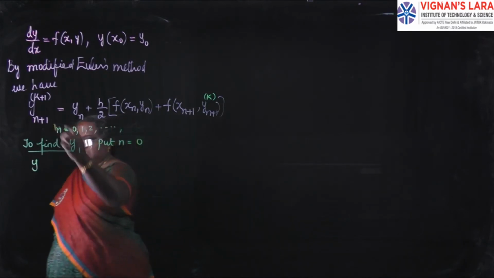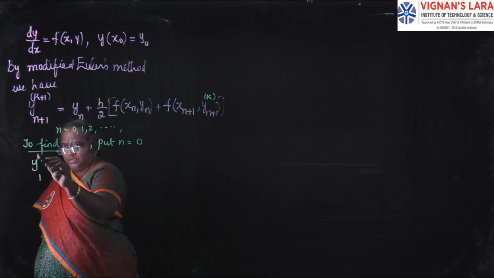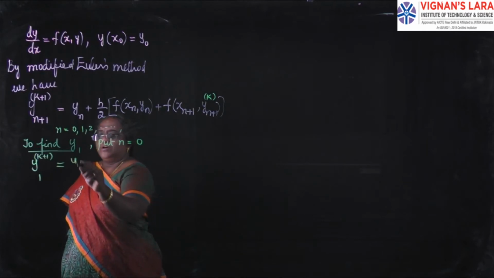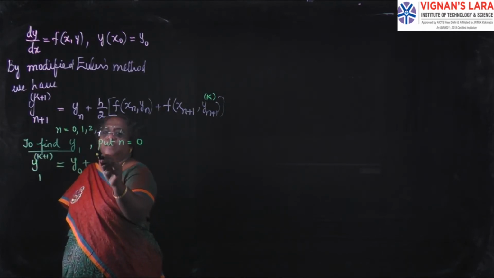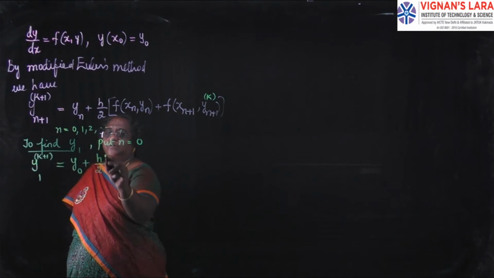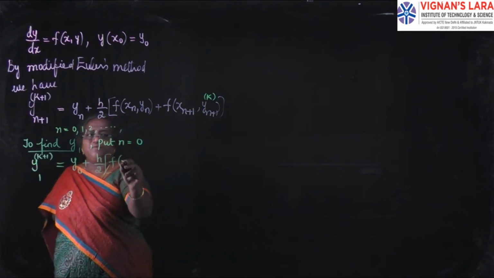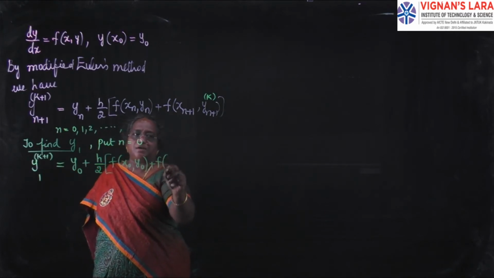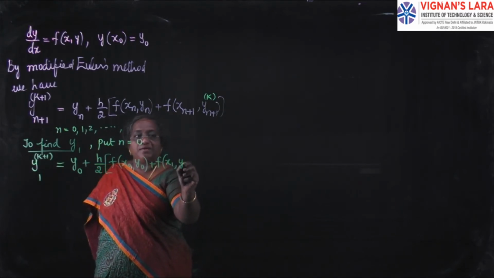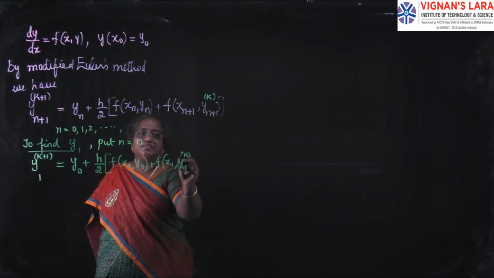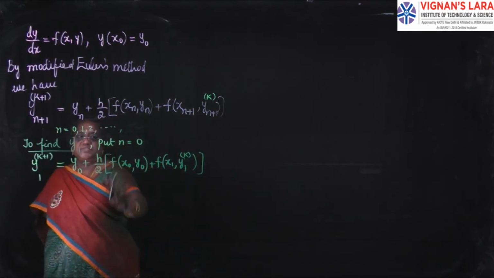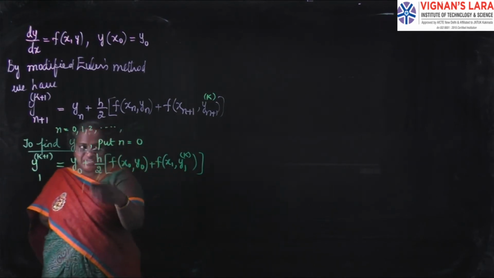If I put n is equal to 0, y1, the k plus 1th approximation, we change the k value: y0 plus h by 2 into f of x0 y0 plus f of x1 y1, the kth approximation. I will tell you now what k is. So this is the basic formula. Now I will be changing the k values.